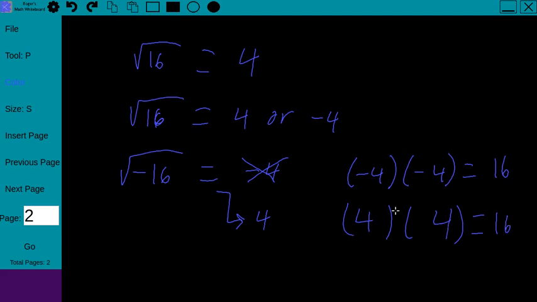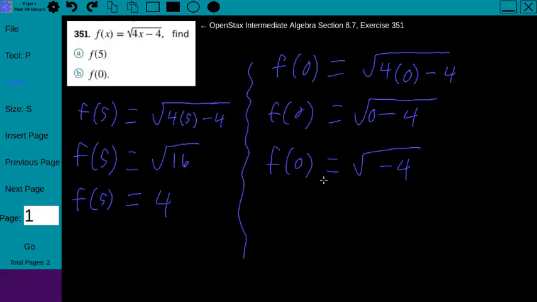There really isn't any number, if you think about it, that you can put in both places that's going to give you a negative. Therefore, there is no solution to this part. There is no solution.